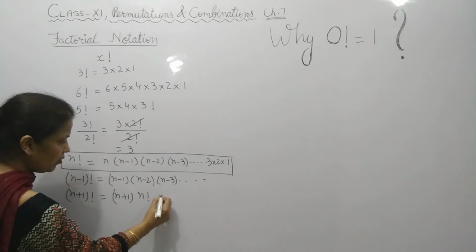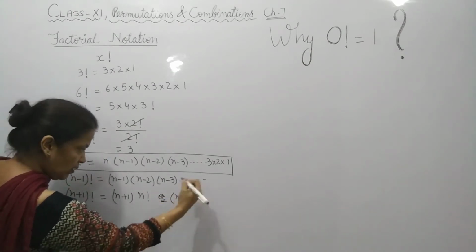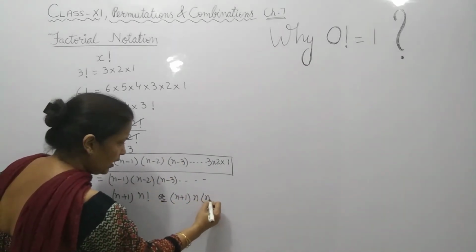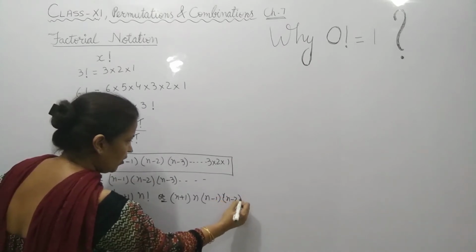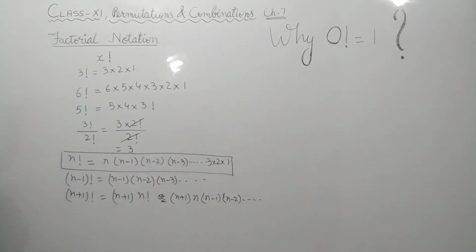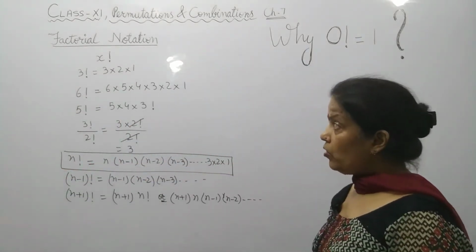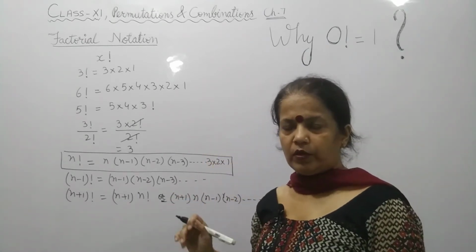Or this can be expressed as n plus 1, then one less n, then n minus 1 factorial, n minus 2 and so on. Is it clear? Clear to all of you? Okay, so this is for n factorial.